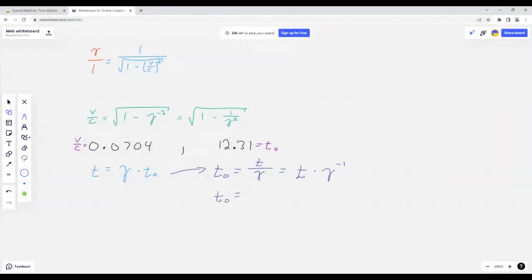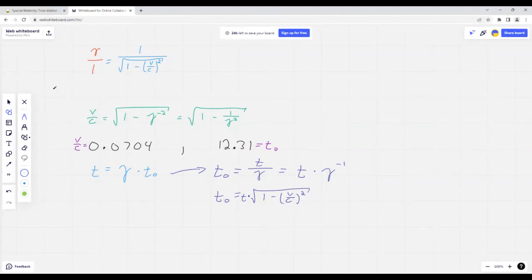So we can say that T0 ends up being, instead of 1 over the square root, just the square root of 1 minus v over c squared. And then that's going to multiply by T. I guess to be consistent, we'll stick that in front. But yeah, gamma actually simplifies a little bit when it's gamma to the negative 1 because it gets part of the reciprocal fraction that we had in the first place.